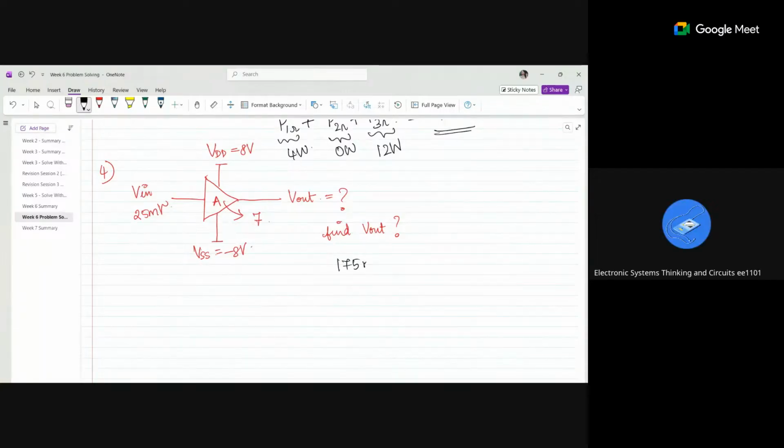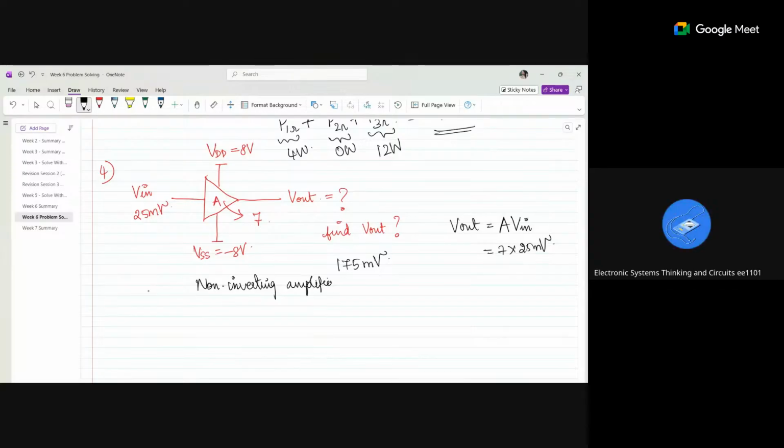175 millivolts. What's the formula for V out? A into V in. So A is 7 into 25 millivolts. What type of amplifier is it? Non-inverting. Ma'am, how can we find whether it is inverting or non-inverting?